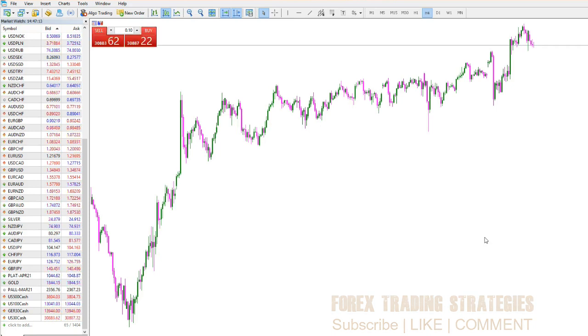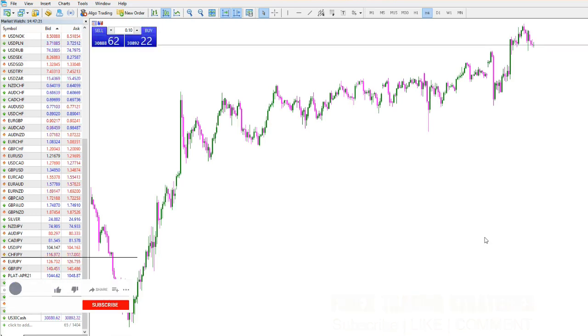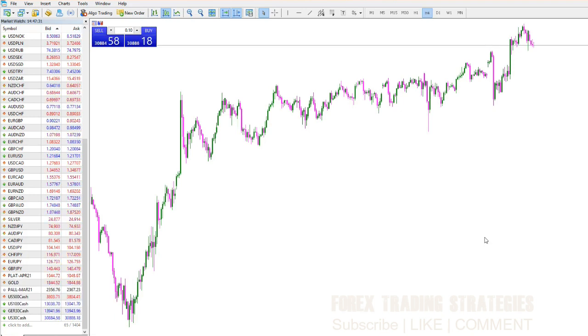The reason is some of these pairs have their own characteristics. They've got their own behaviors. You can actually tell that that person is trading gold, even when that person has not shown you or told you that it's gold. You can even tell that that person is trading GBPUSD because of the way it moves.